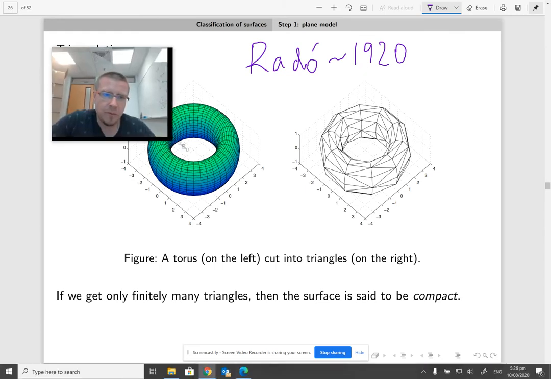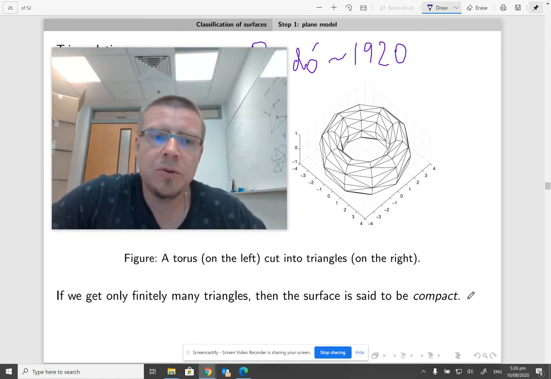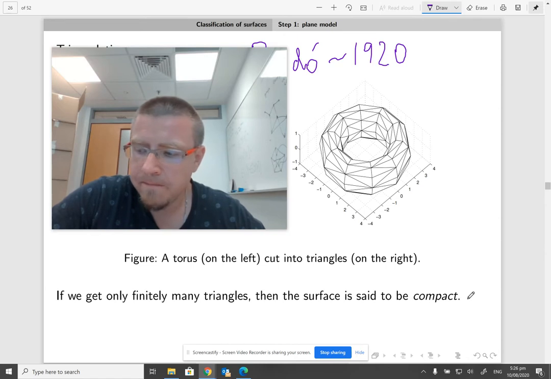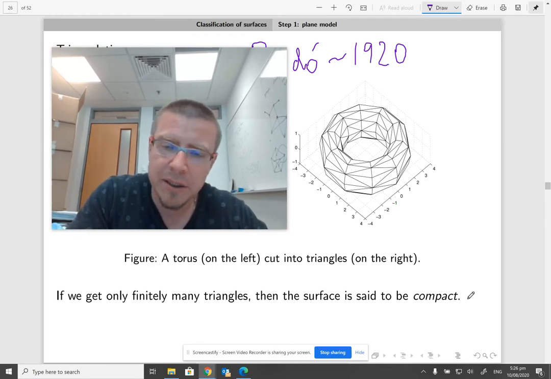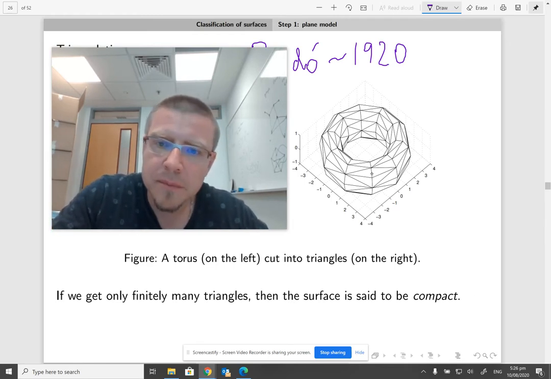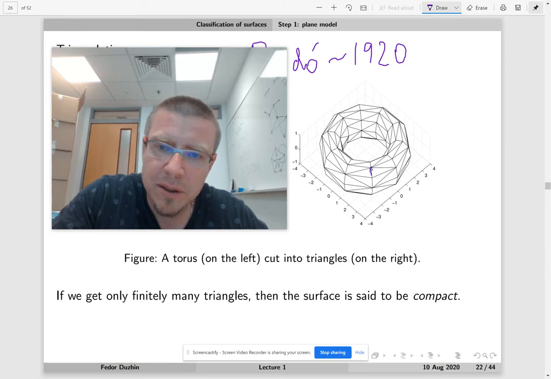All right, now, while we cut it into triangles, we are going to keep track of how we do it, right? Basically, the idea is that if we cut along this line here, then we are going to label both sides of this line with some letters, say A here, A here.